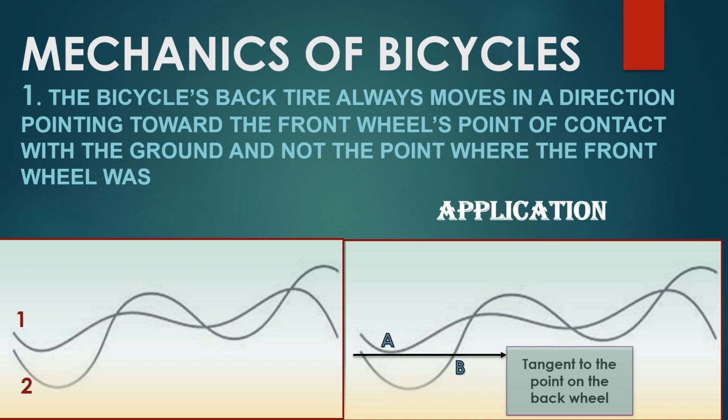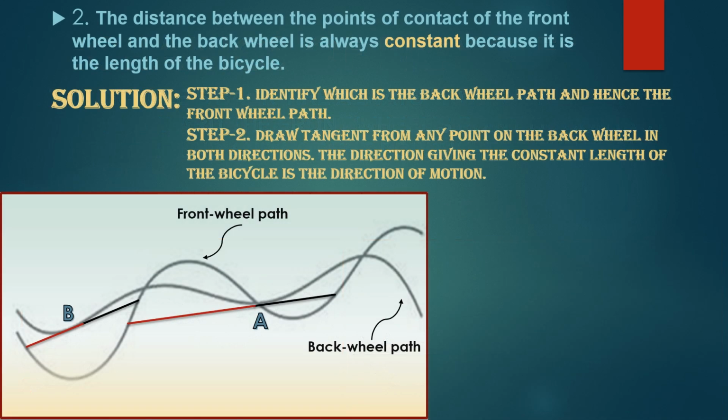Since we are given the front wheel track, the position of the front wheel will be exactly at B. If we hadn't been given the front wheel track, the position of the front wheel could be anywhere along this tangent at point A. But since we have been given it, the point at which this tangent intersects the front wheel track, which is B, will be the position of the front wheel, and the length of the bicycle will be AB.